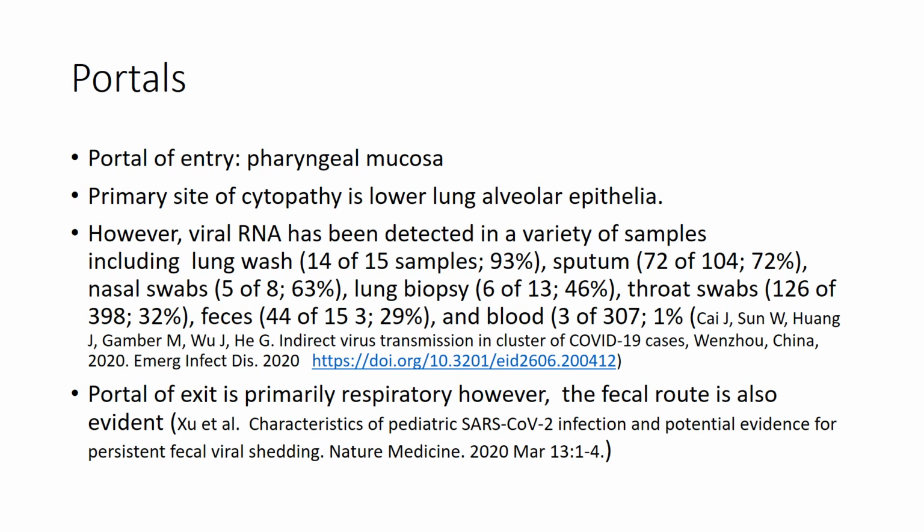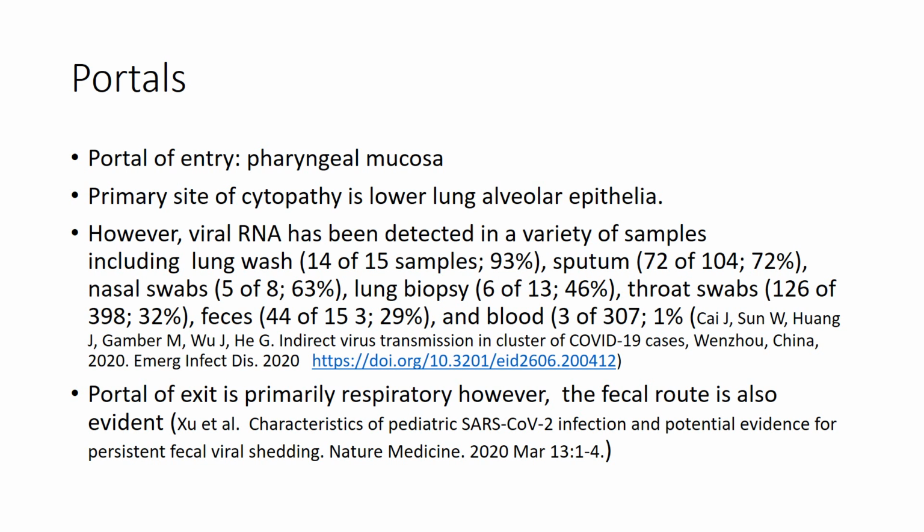Throat swabs, but also feces and blood, feces 29%. So this means that the virus actually seems to get into the GI tract, the gastrointestinal tract, and then in some cases it's going to proliferate into the blood, which is called viremia, and pass to other tissues, presumably.